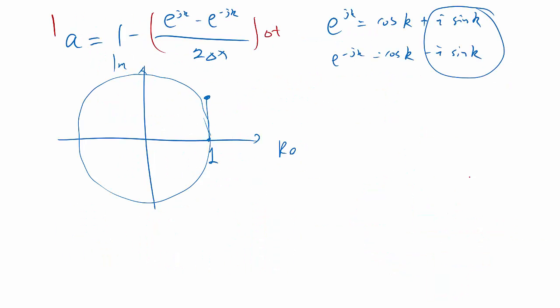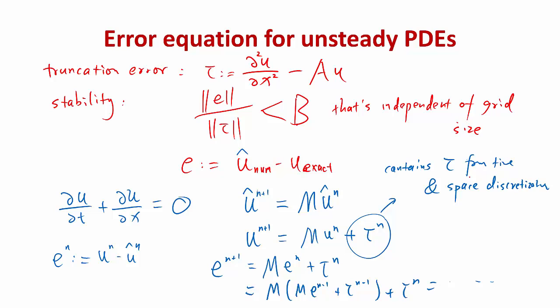Okay, so we have said that we want this matrix to have eigenvalues less than 1. In other words, we want our discretization of the PDE to be stable. If you introduce a perturbation, it is going to decay over time in our numerical scheme, right?